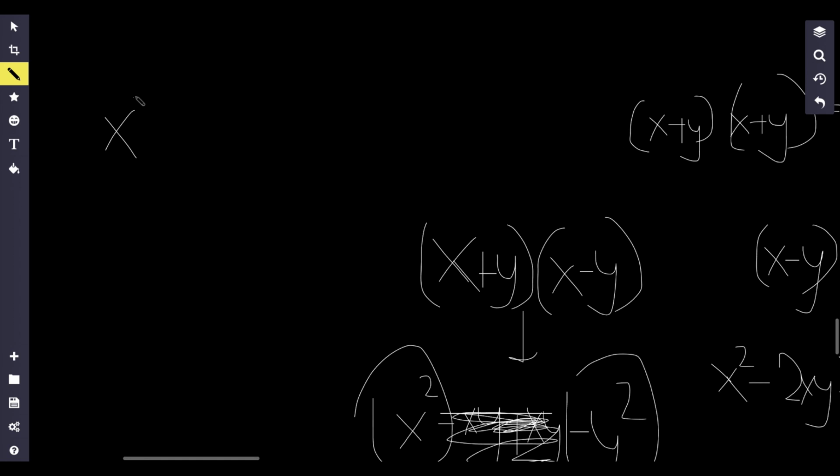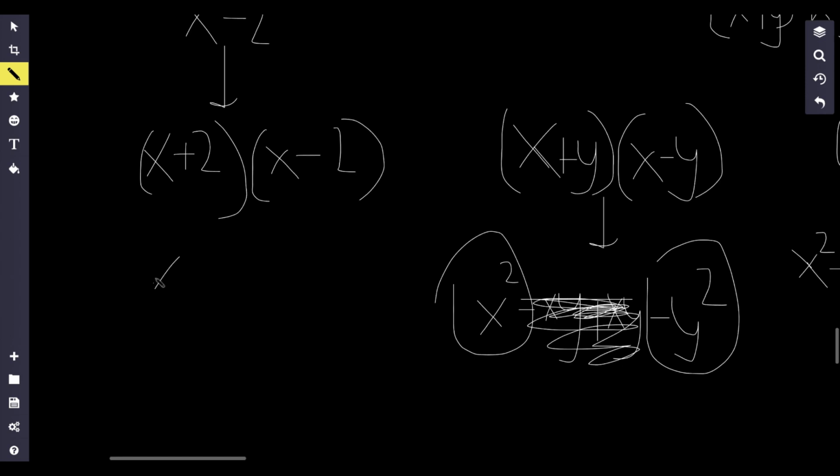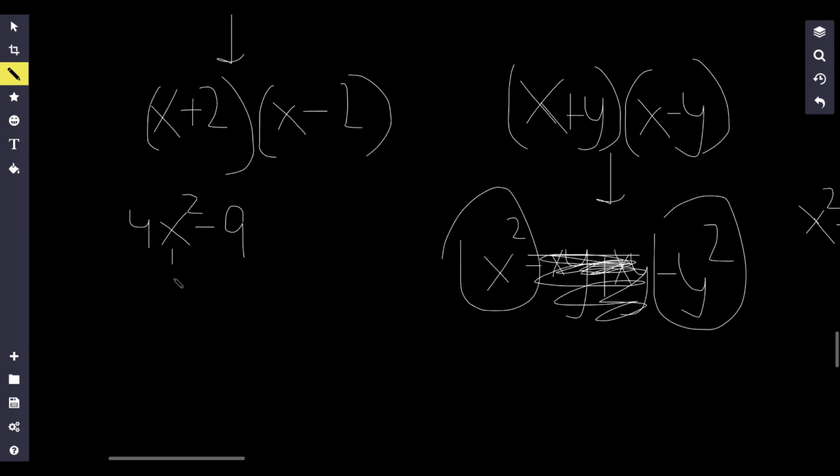So if I have something like x squared minus 4, well, I know 4 can be rewritten as 2 squared. So I can factor this into x plus 2 times x minus 2. If I have, let's say, 4x squared minus 9, I know 4x squared is the same thing as 2x to the second power.